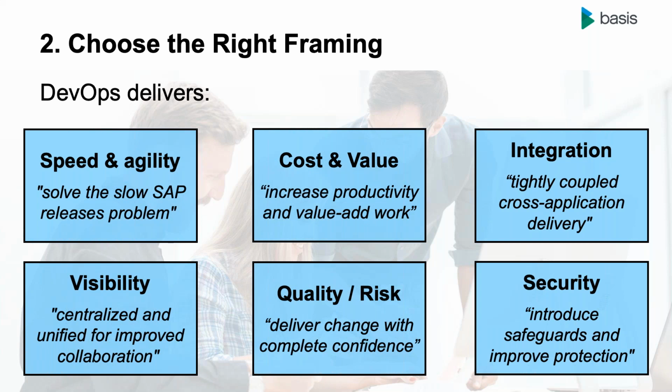The second framing could be focused around cost and value. At the minute, there's obviously a very strong focus around cost elimination, efficiency, driving more productivity so that people are working on higher value, more productive work.